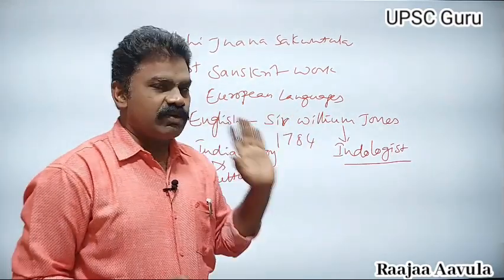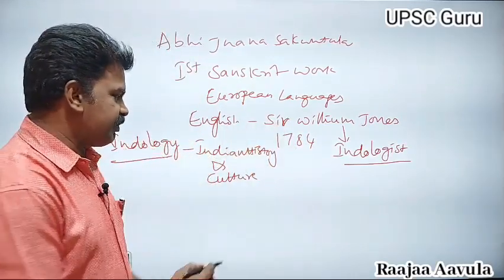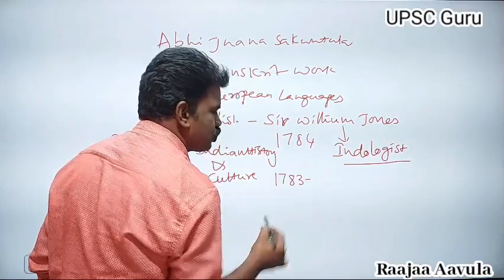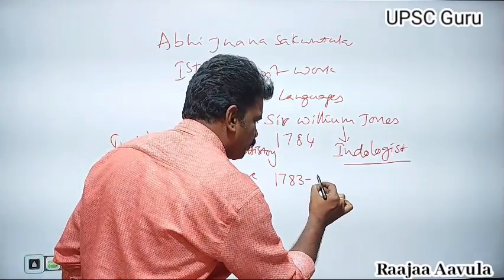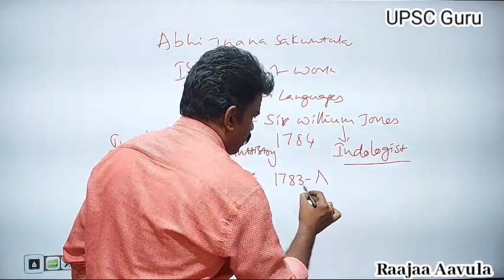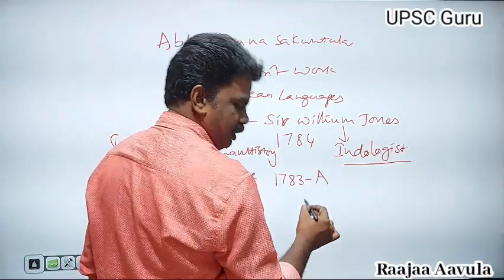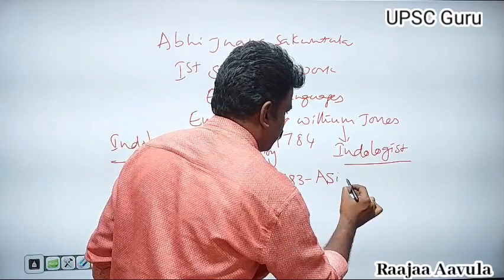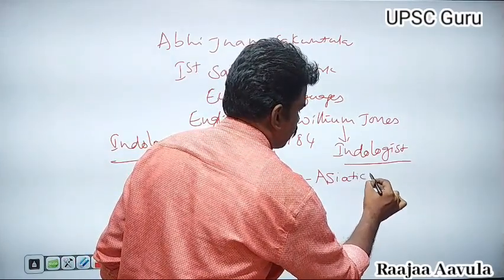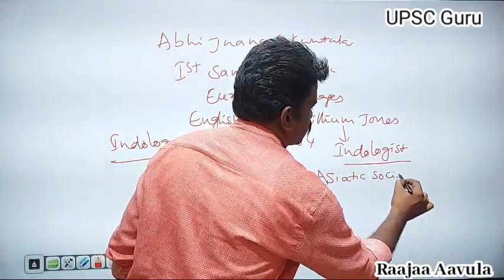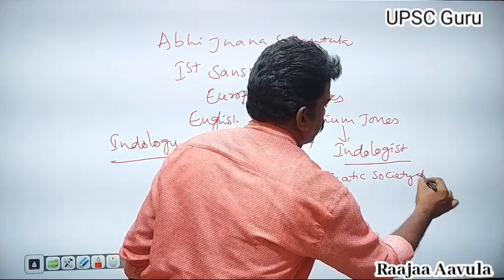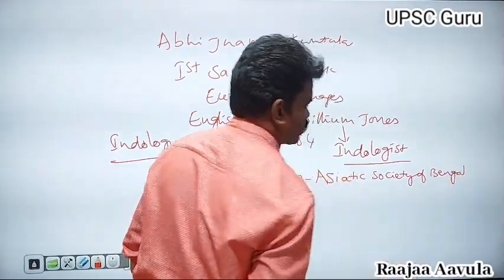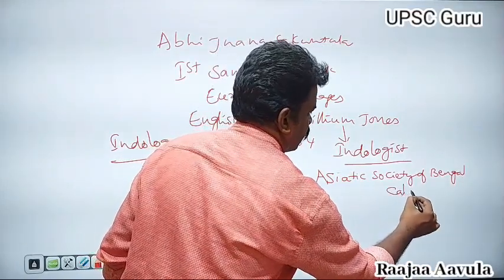In the year 1783, Sir William Jones established the Asiatic Society of Bengal, also called the Asiatic Society of Calcutta.